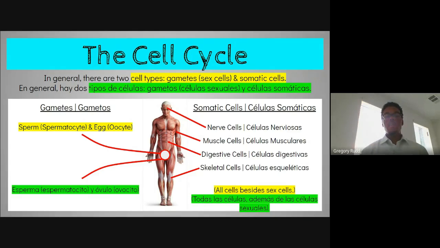Again, we should really only be writing down what's highlighted. The gametes, which are also called sex cells, are sperm and eggs. So these are the cells that allow humans and other multicellular organisms to reproduce.